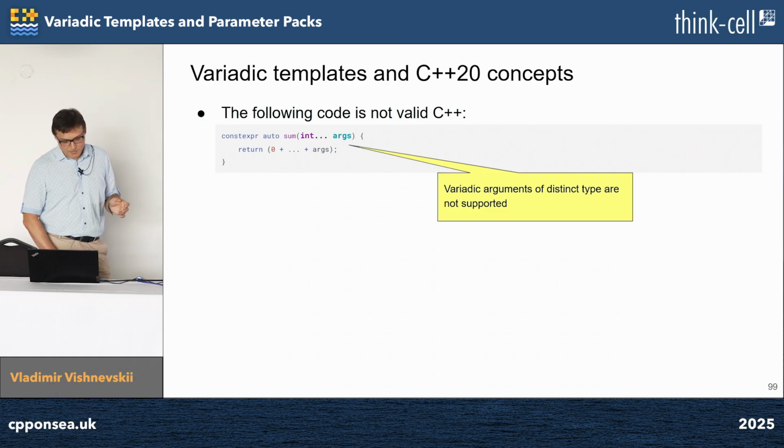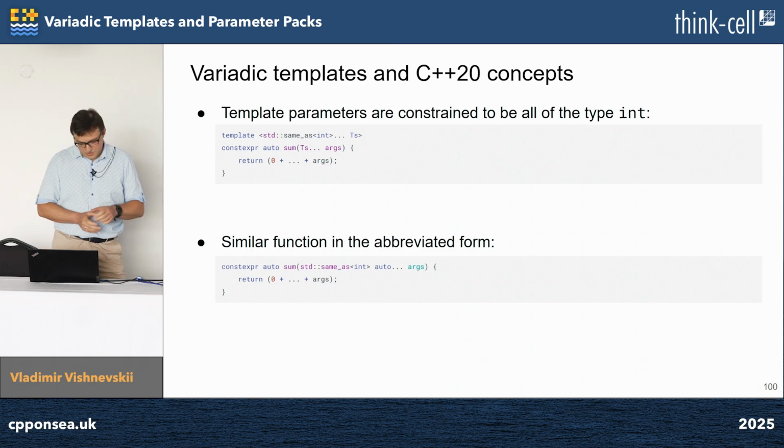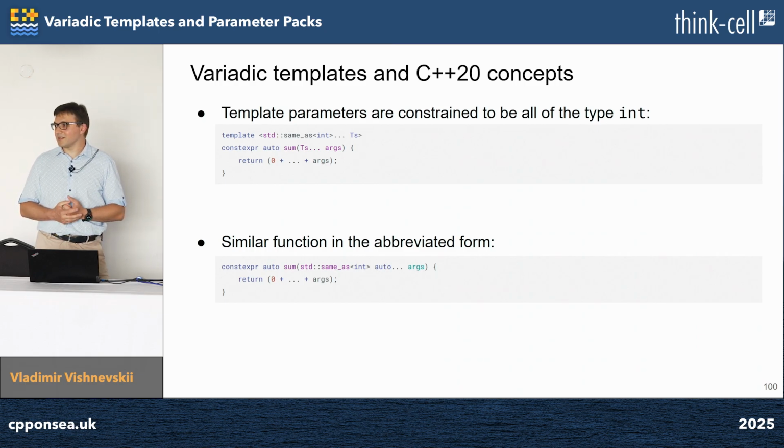But with C++20, it became much simpler because we can just use the concept same_as. So we can say that every argument should have a type that is same as int. So this made it much simpler. It's quite a small application for these concepts for the parameter packs.